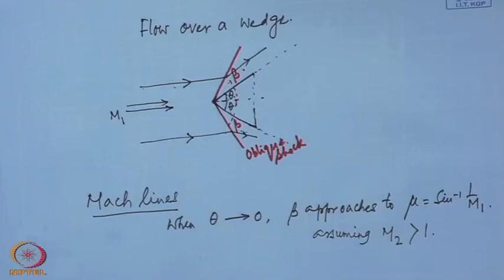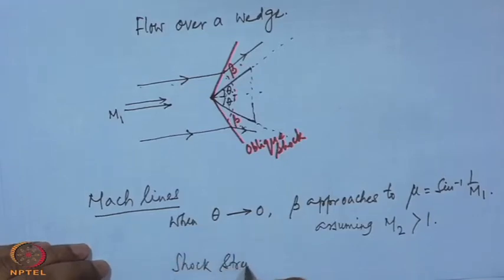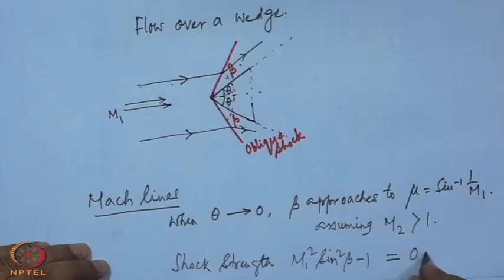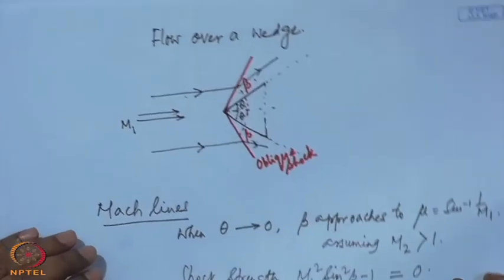Now, in this situation, the shock strength, M1 squared sin squared beta minus 1, is 0, and so are all the jump relations.